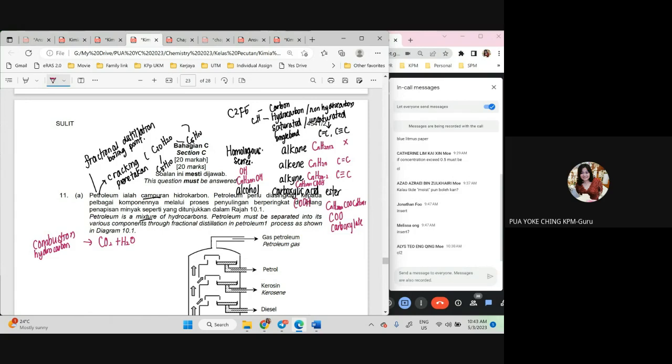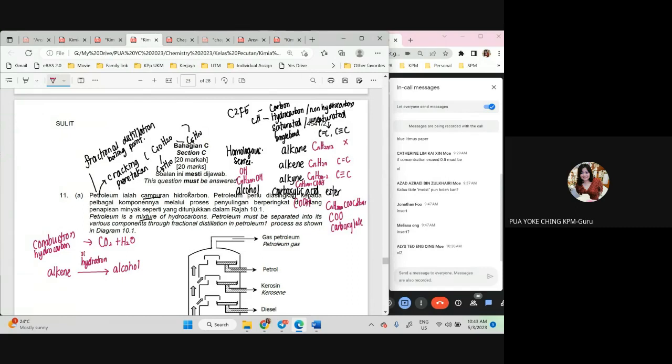Alkane tak ada tindak balas yang lain. Alkane hanya combustion. Alkene ada banyak. It can go a lot. Tapi I hanya fokus on conversion. Alkene akan jadi alcohol. This is hydration. Tambah air.